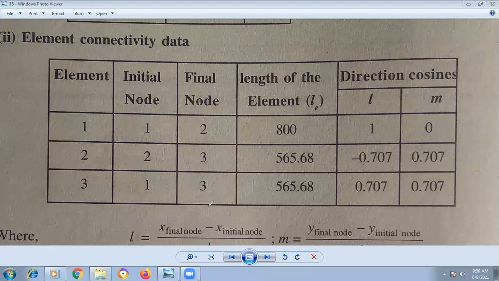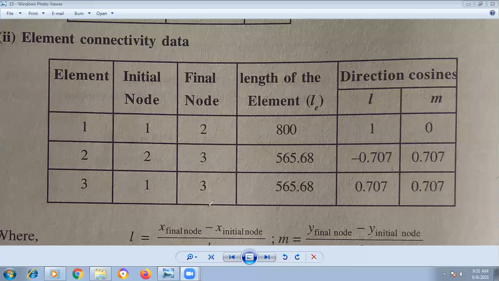Can anybody tell me what is cos 135 equal to? No answer? What is cos 135 and sin 135?